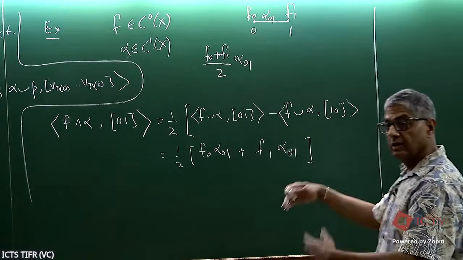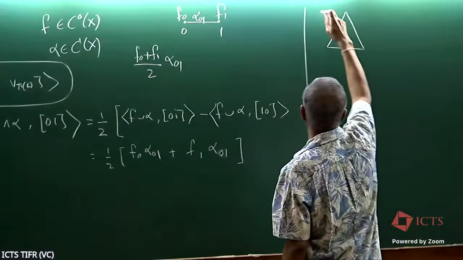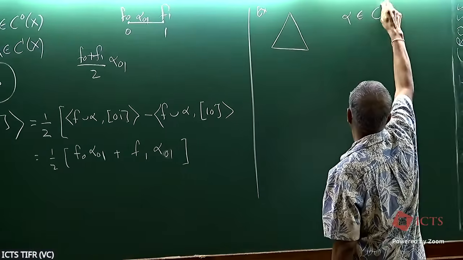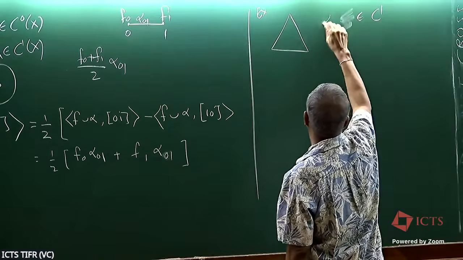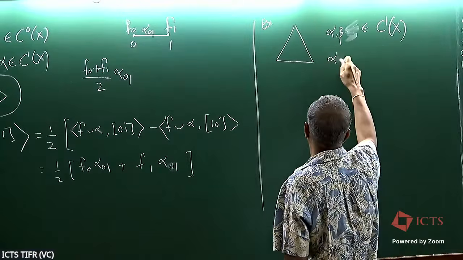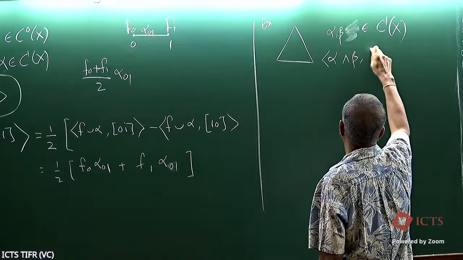So in fact, if you do this for a triangle, you should try this example. Take alpha a 1 cochain and beta, both 1 cochains, and compute using this definition the value on a triangle.